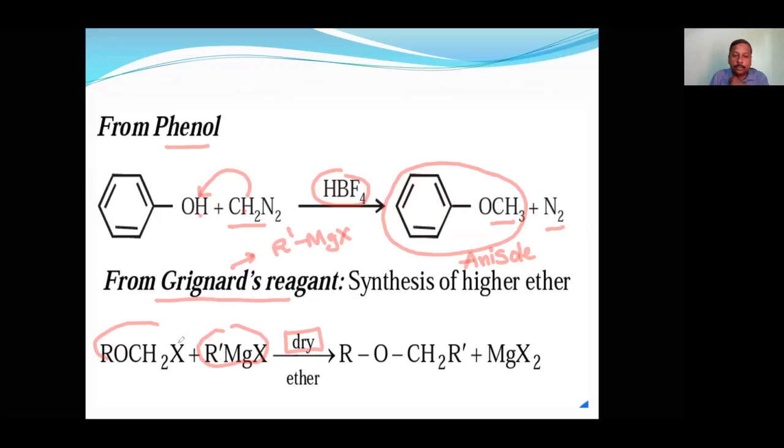Yes, this X will go with Mg. Mg, X and X, this will be MgX2. And this R dash will attach here. I will write it clearly here so that you can understand in a better way. ROCH2X. Now this R dash MgX I will write like this.